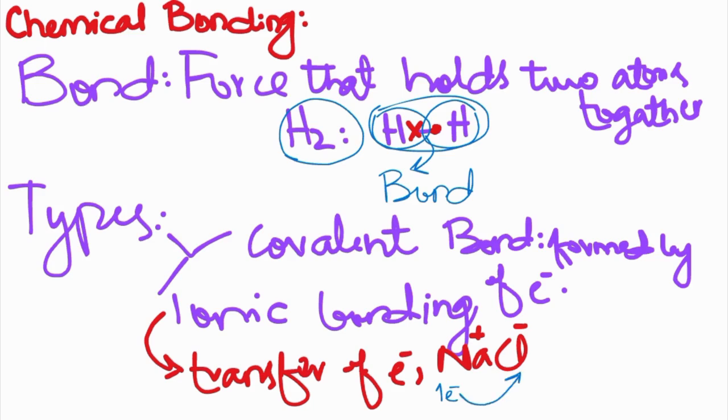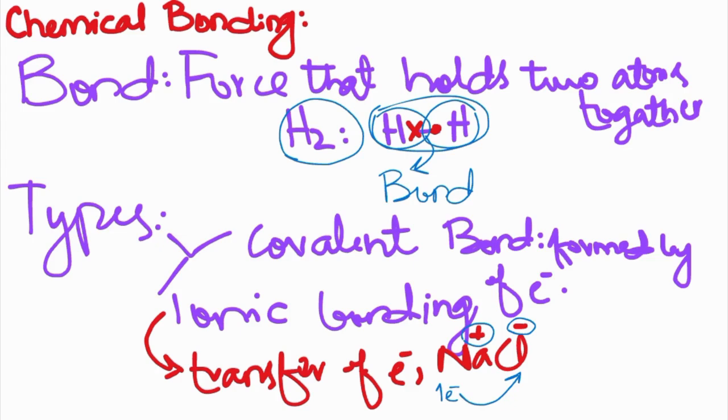Because of the transfer of the electron from sodium to chlorine, sodium has got a positive charge, because after the transfer of one electron it has more positive charges as compared to negative charges.